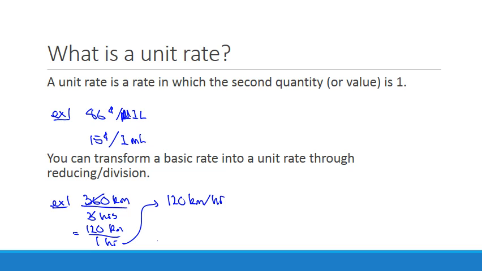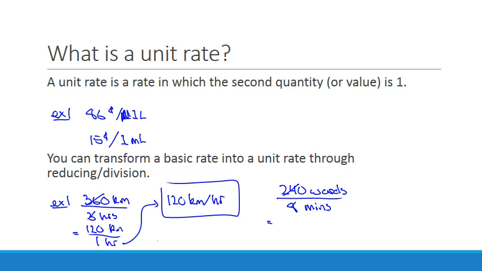So you didn't know it, but you are using unit rates every time you're telling someone your speed. If you're going 50 kilometers, that's actually 50 kilometers per hour. So your speedometer is actually set up in unit rates. So there's that one. If we take our 240 words, and we said it took us 8 minutes to type those 240 words, we could then reduce that one as well.